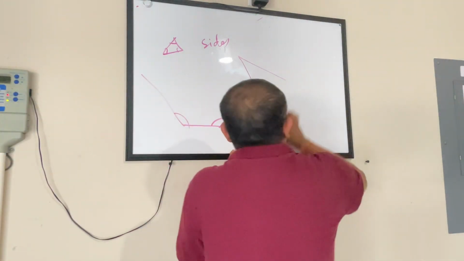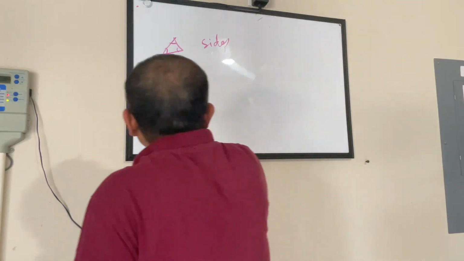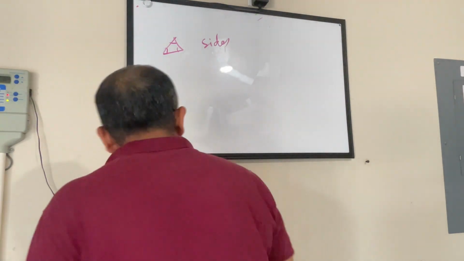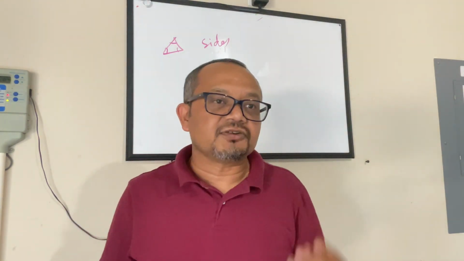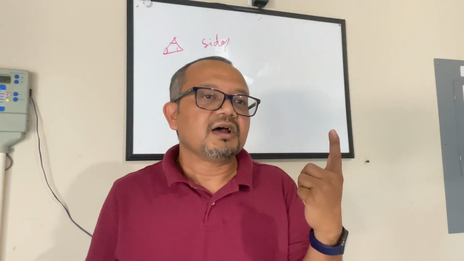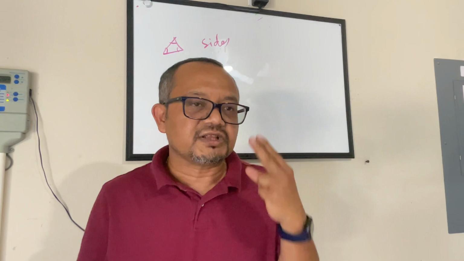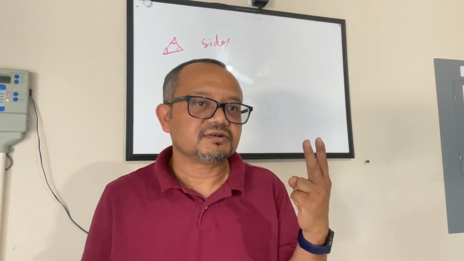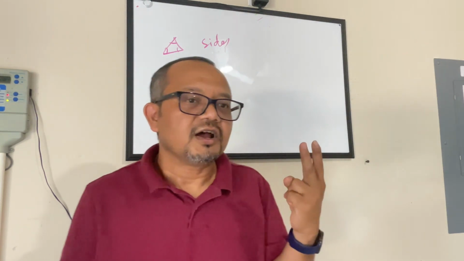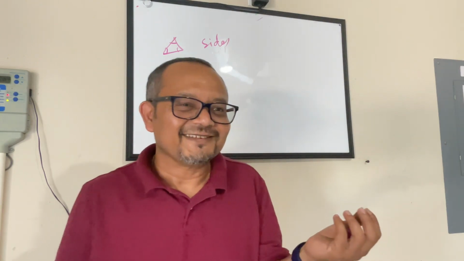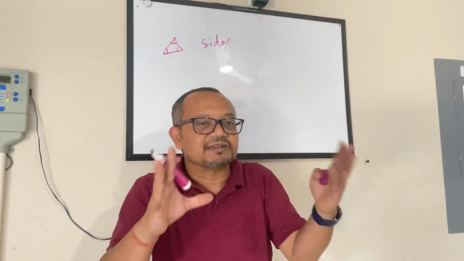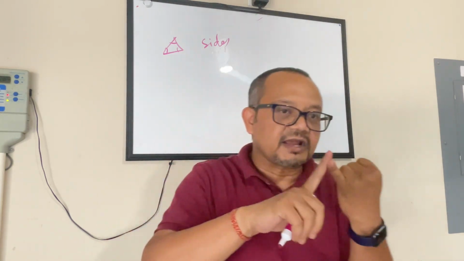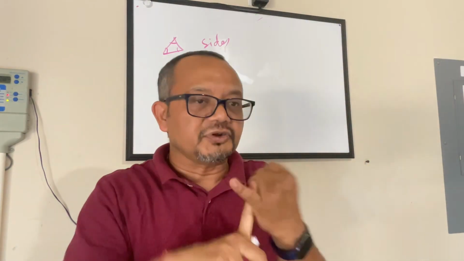So this is the obtuse angle triangle. What about the other two triangles? Based on angle, a triangle can be classified into three types. One is called the obtuse angle triangle. What is the second one? Acute angle triangle. Now you relate that with the three angle types that we have learned: acute angle, right angle and obtuse angle.